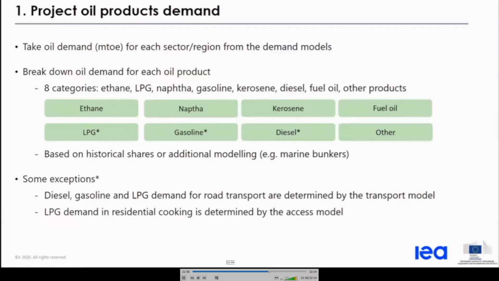These are all worked based on historical shares and also on some additional modeling that is needed to assess what is currently in marine bunkers and future projections for that. Diesel, gasoline, and LPG demand are worked in the road transport module and then transferred and put back into the refining module. LPG demand itself is also assessed in residential cooking and is determined by the access model.